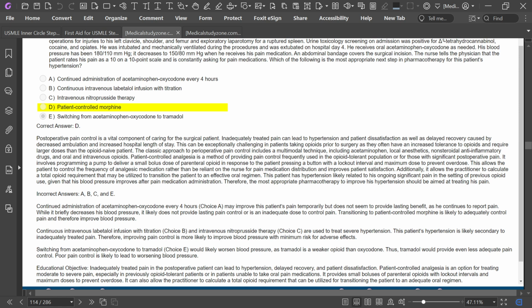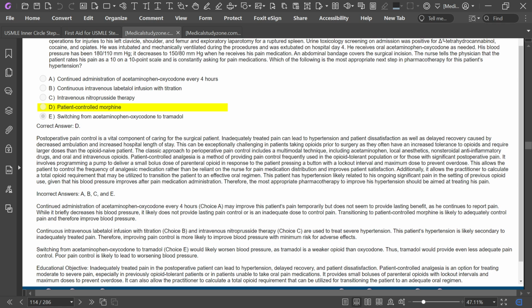It involves programming a pump to deliver a small bolus dose of parenteral opioid in response to the patient pressing a button, with a lockout interval and maximum dose to prevent overdose.